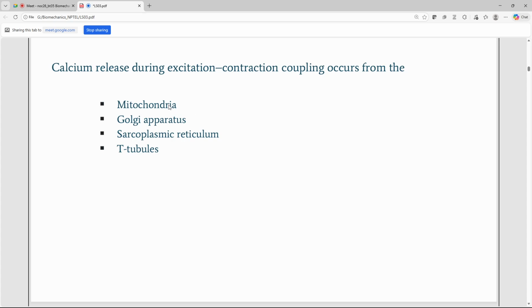So calcium released during excitation contraction coupling occurs from, I just told the word. So is it mitochondria, Golgi apparatus, sarcoplasmic reticulum, or T tubules? From where are the calcium ions released during excitation contraction coupling?